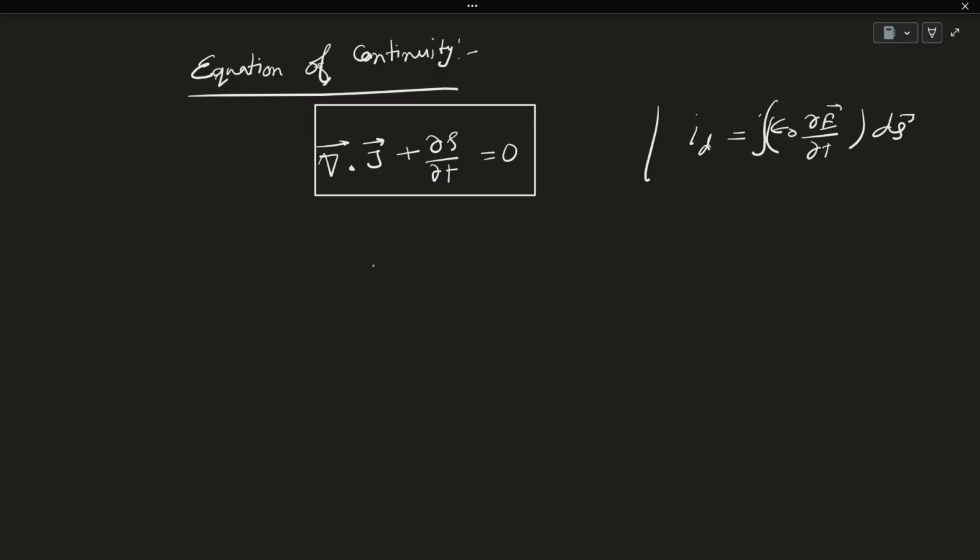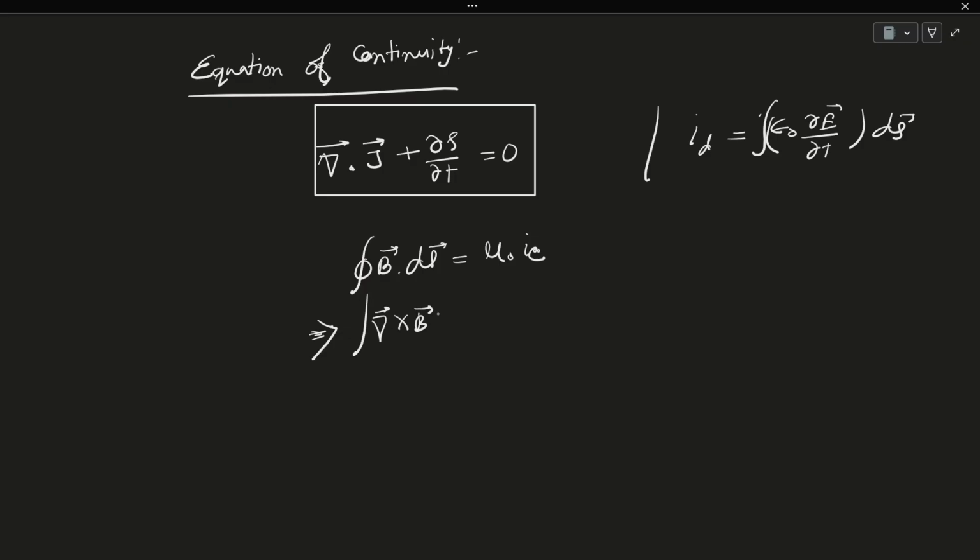Now, from Ampere's law, what I was writing was B dot dl equals mu naught I conduction current. The initial Ampere circuital equation was this. When I use Stokes' law, what will I get?